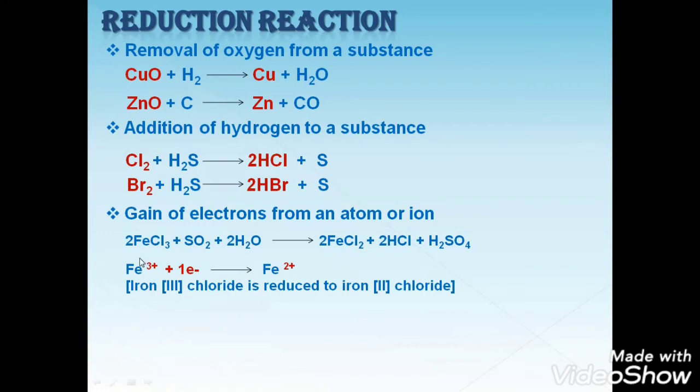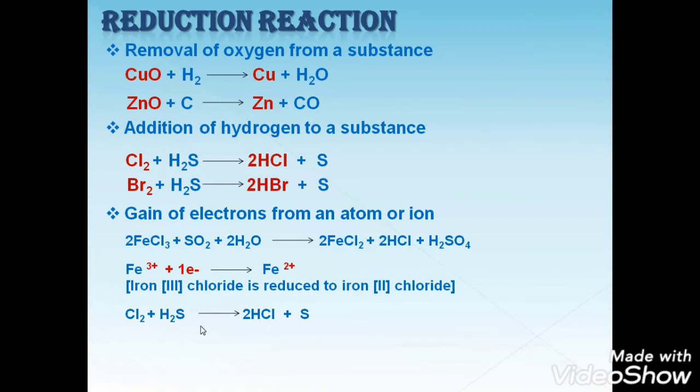We have an ion here, that is Fe3 plus, which is gaining one electron to form Fe2 plus. So iron 3 chloride is reduced to iron 2 chloride. That means here iron 2 chloride is a reduced product. But when we talk about the ion, Fe3 plus is gaining one electron to become Fe2 plus.